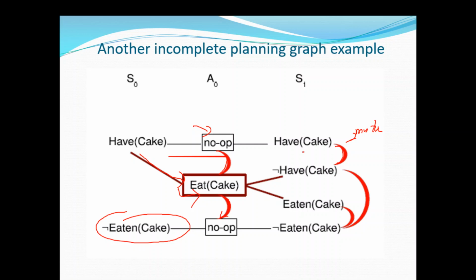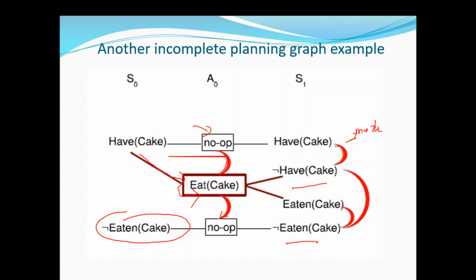So have cake and not have cake, these two cannot occur at the same time. Any one can occur. Similarly, not have cake and not eaten of cake also cannot happen simultaneously. Not have means you don't have a cake. Not eaten means you have not eaten, which basically means that you have a cake.